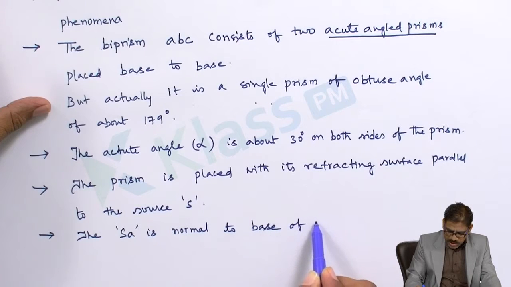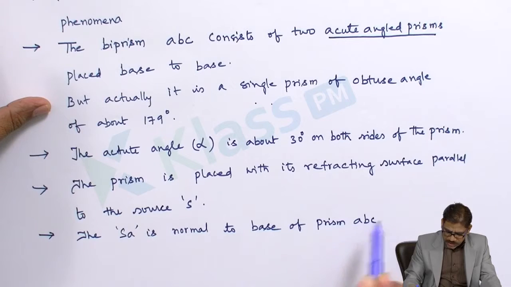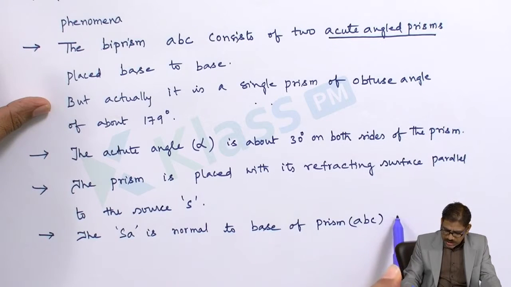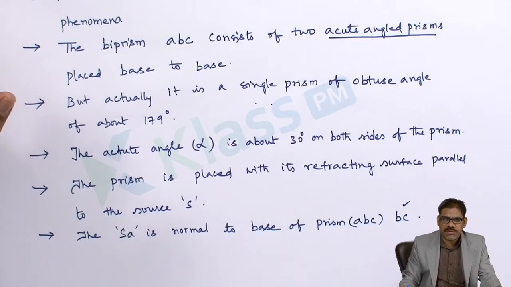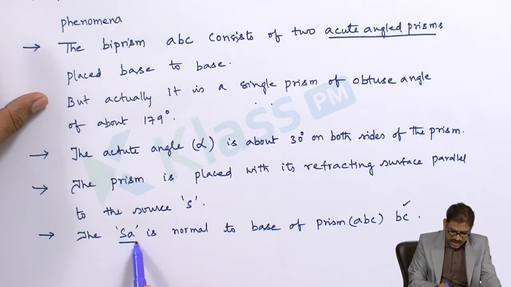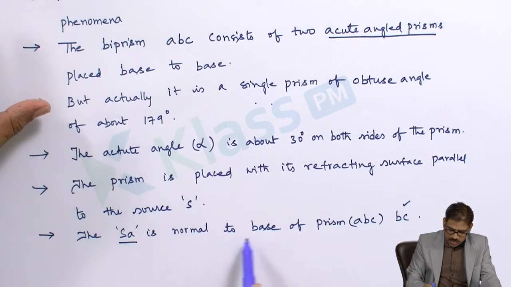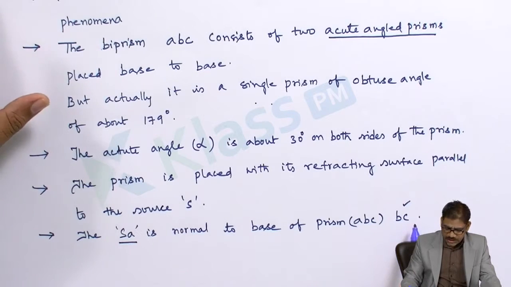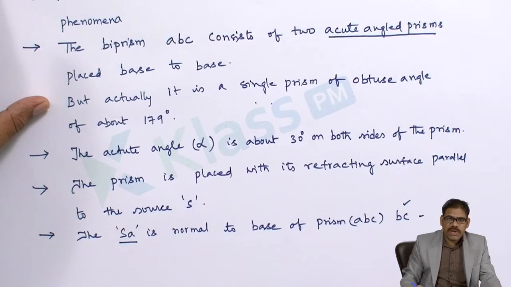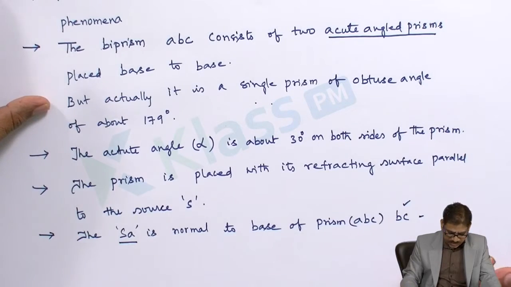SA is normal to the base of the prism ABC. The base of the prism here is nothing but BC. So SA is drawn normal to the base of the prism BC. Now this is the working phenomenon and the construction part regarding Fresnel's biprism.